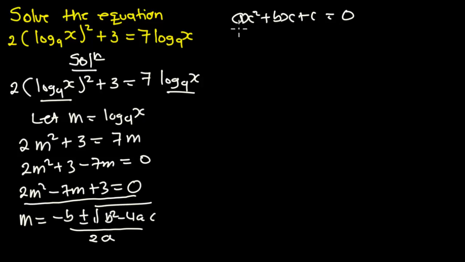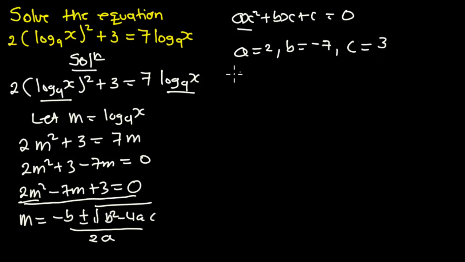When we compare this with the first term, we can realize that a is equal to 2. And with the second term, b is the coefficient, and so b is equal to negative 7. And then c is the whole of this one, so plus 3, and c is equal to 3.